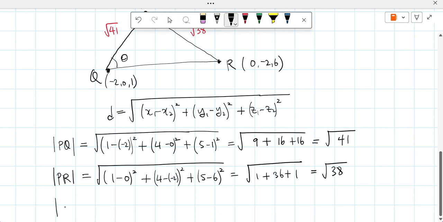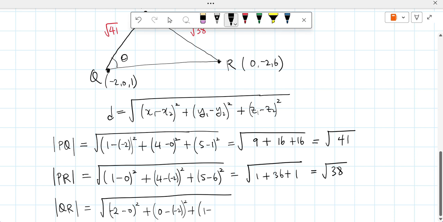My final distance that I need to calculate is the distance between Q and R. Let's plug in the formula. (Negative 2 minus 0) squared plus (0 minus negative 2) squared and (1 minus 6) squared. Negative 2 minus 0 is negative 2, squared is 4. And 0 minus negative 2 is positive 2, positive 2 squared is 4.